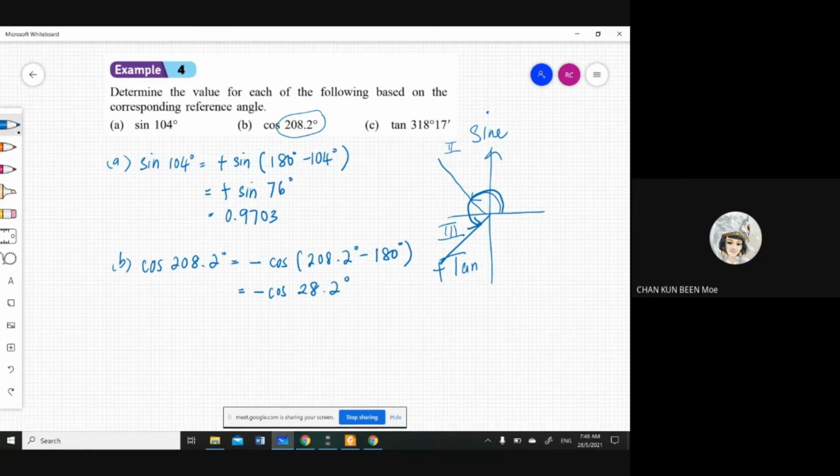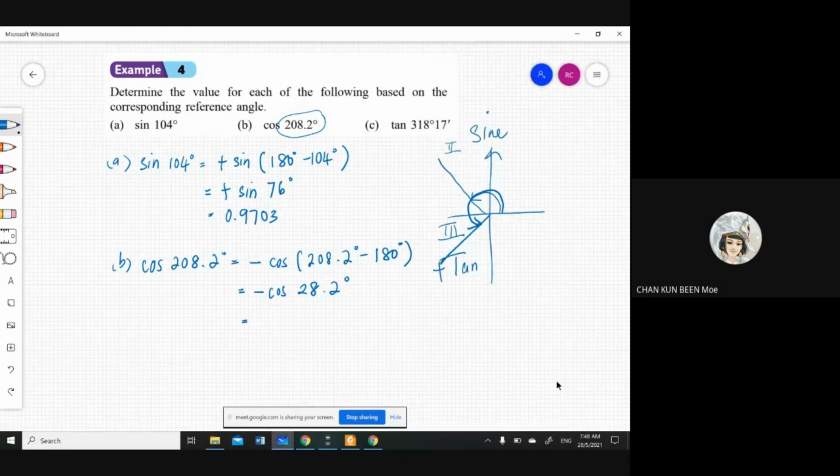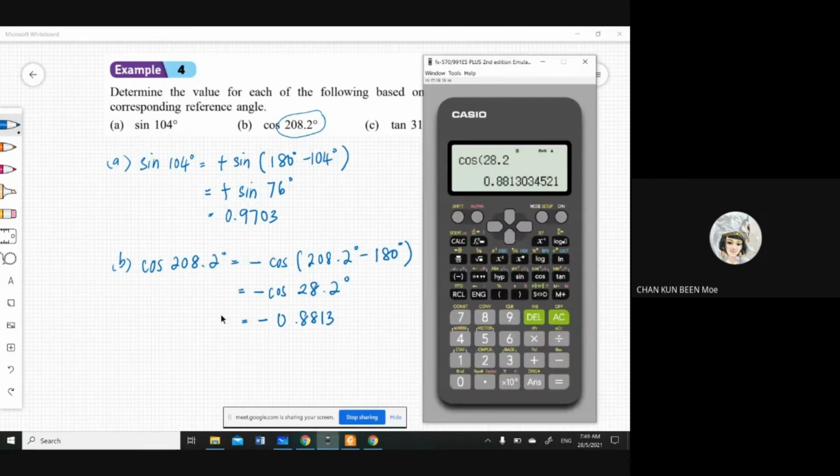Then we press the calculator, cos 28.2 degree is equal to 0.8813. So the negative sign you just continue by copying down, equal to negative 0.8813.